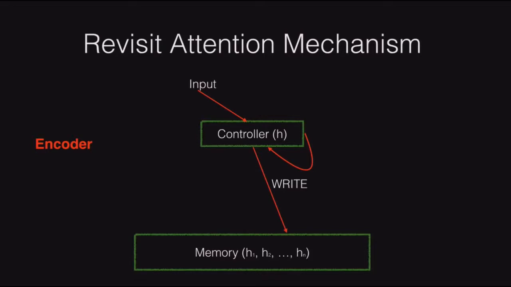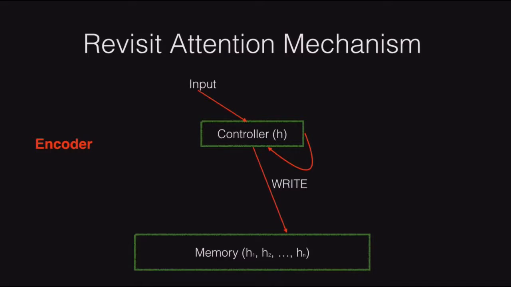Let's think about the attention. So the attention looks like this. In the encoder, you look at some input, and you have a controller, which is your H variable, and you keep updating your H variable. But along the side, you write into memory your H1, H2, H3, etc. You store it into a memory.